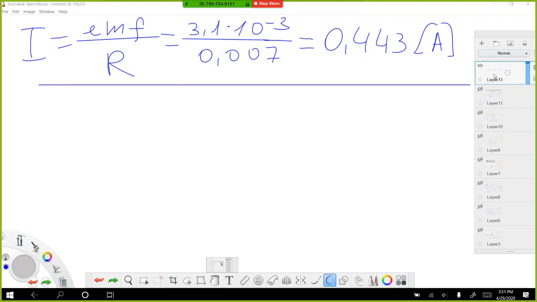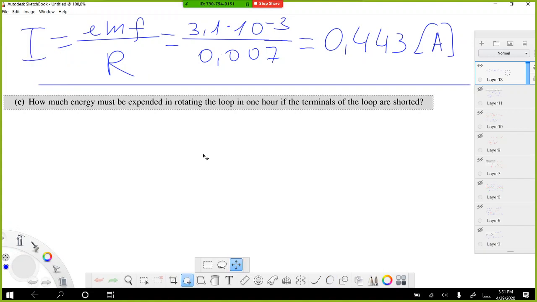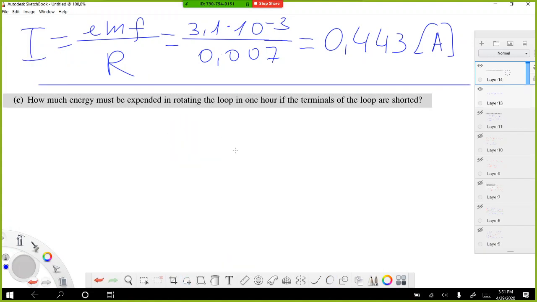To calculate the energy, first we need to calculate the power, and then if we multiply power by time, we can find the amount of energy which should be expended in rotating the loop in 1 hour.